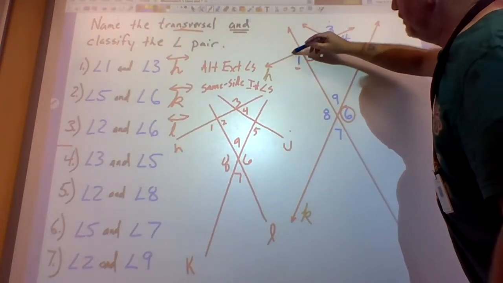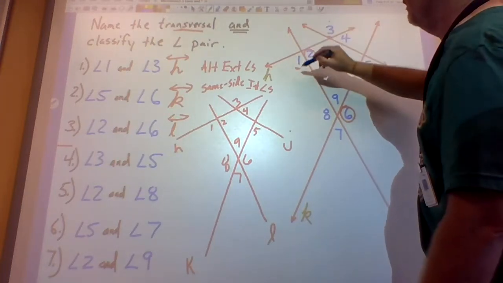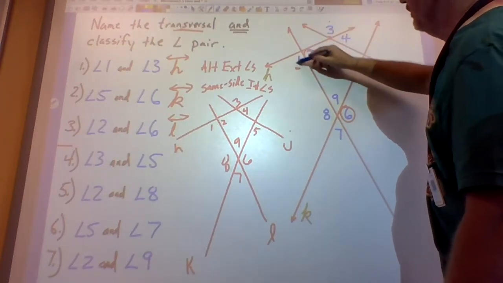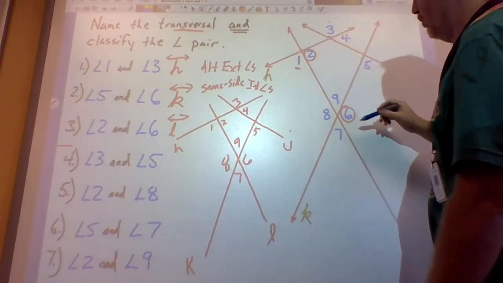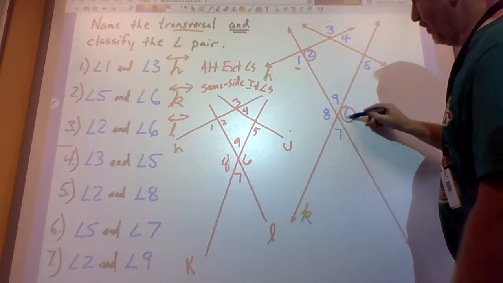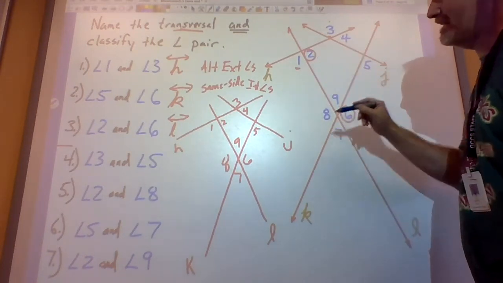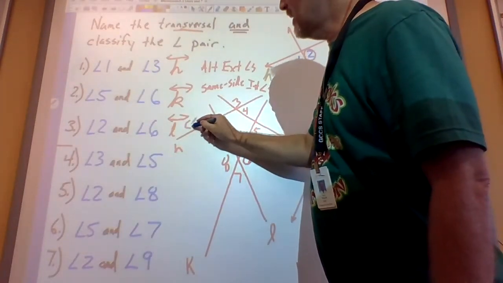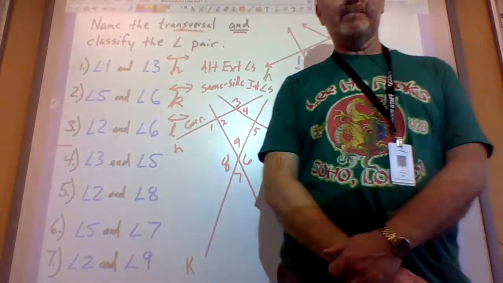If you look at this group of 4, we'll have a top, bottom, left, right. 2 is over here on the right hand corner, and then you look at this group of 4, angle 6 is over here on the right. So they do match up. The matching up we call corresponding, or I just call it corr., corresponding.